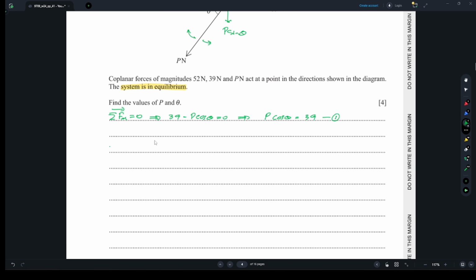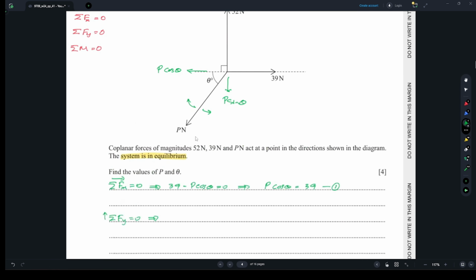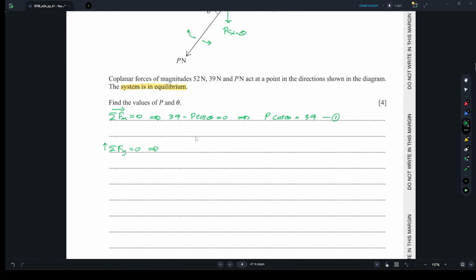And for the vertical, let's consider upward forces as positive. So the sum of the forces in y direction is 0. Upwards we have 52 minus, downwards we have P sine theta, equals 0.